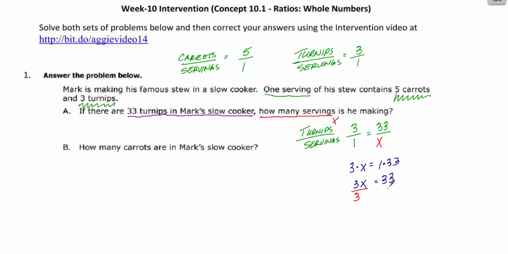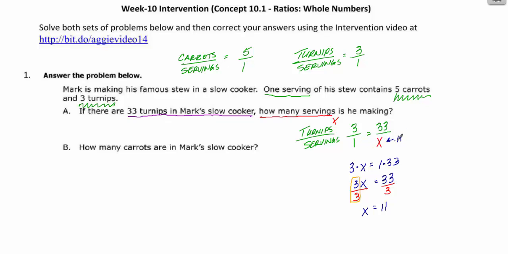We would divide both of these by the coefficient. Remember, 3 is the coefficient. It tells us what 1 is going to be. So 1 times X. 33 divided by 3 is 11. So what if we say X equals 11? Does that make sense? Well, here's the other way we could have solved it. We could have said, how many times does 3 go into 33? 11 times. What's 1 times 11?